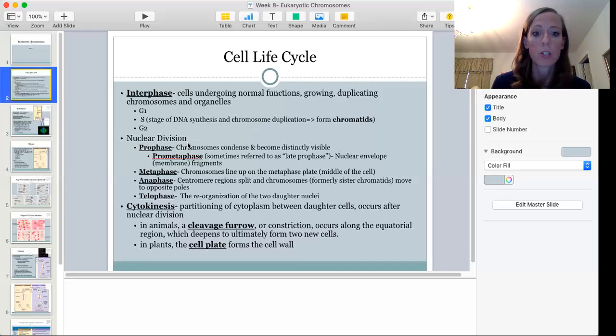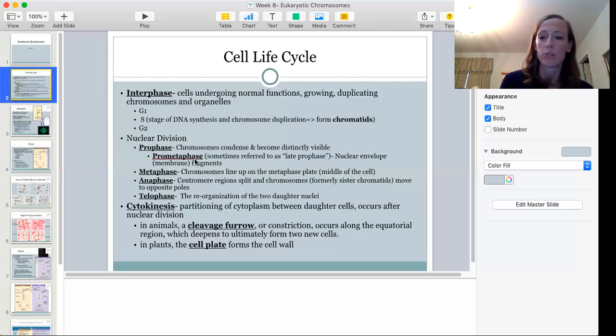Okay, so nuclear division: when I was a kid, there were only 4 stages of nuclear division: prophase, metaphase, anaphase, and telophase. Now some sources will also include prometaphase as a 5th stage of nuclear division.